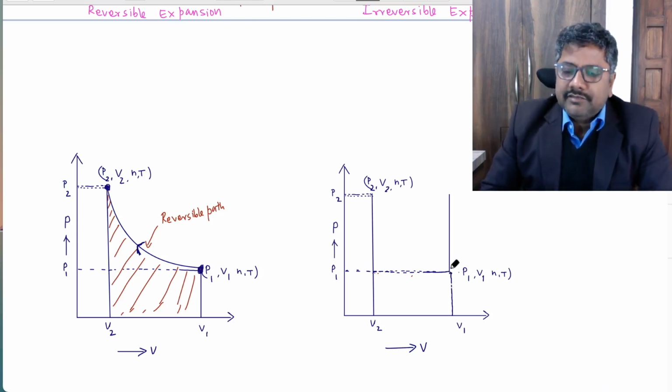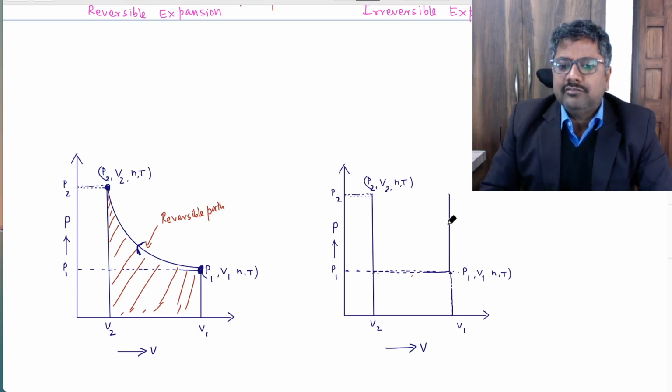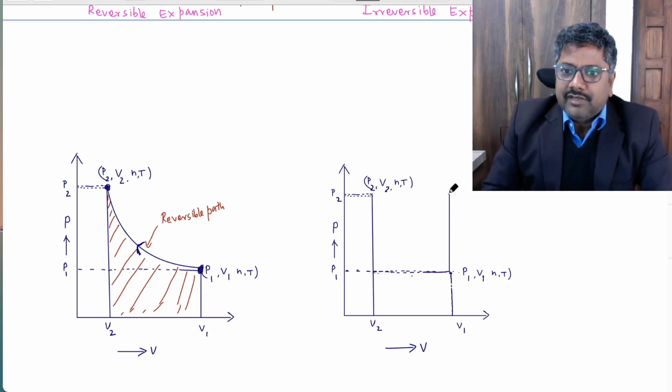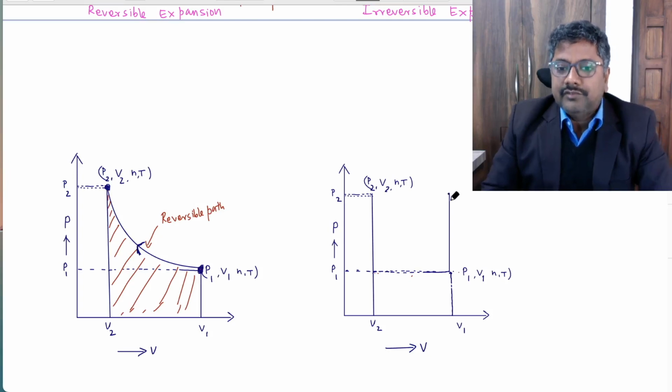So here, if you suddenly push the piston and increase the pressure from P1 to P2, this is basically isochoric compression, right? In this case, we are assuming that volume is constant and pressure is increasing. And after that, we are assuming this is the method to evaluate the variables. Otherwise, you cannot evaluate, right?